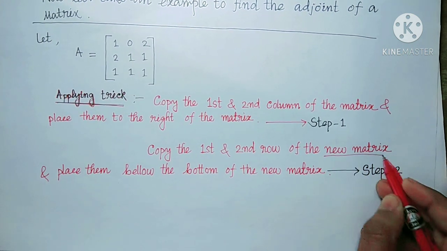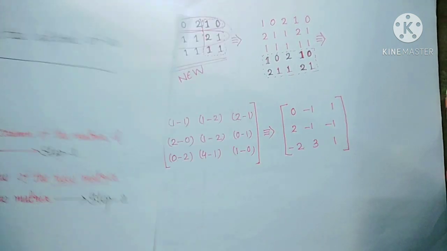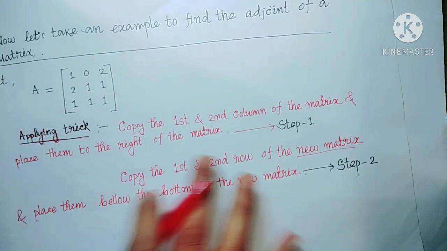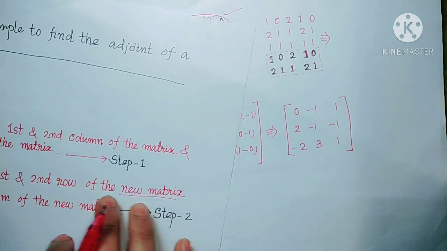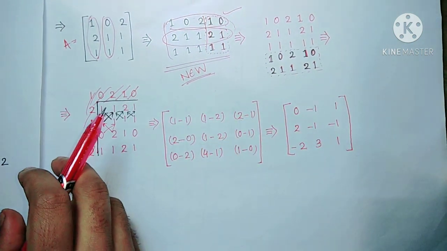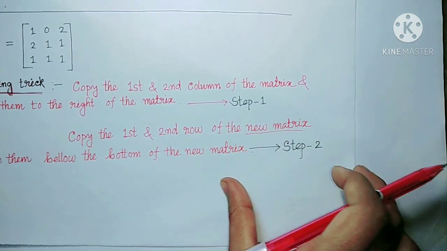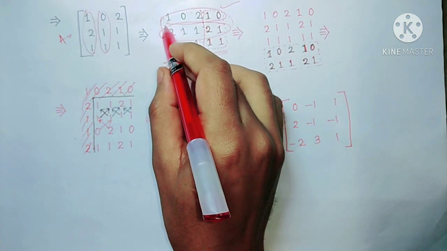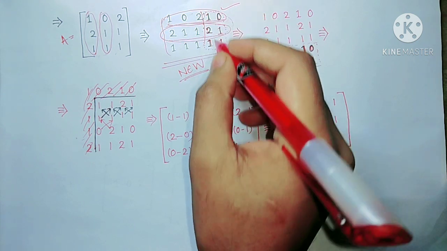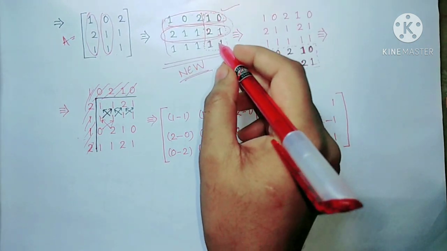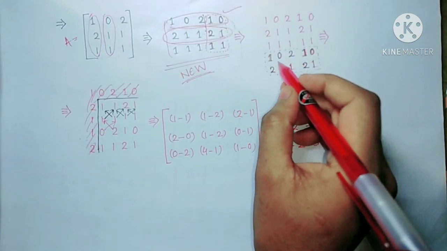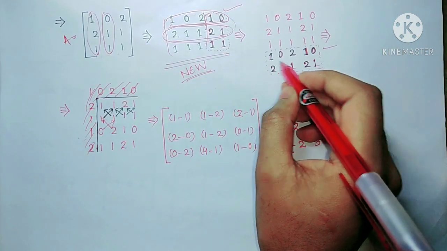Remember, this is the new matrix. This is the first row, this is the second row, and we paste them below the bottom of the new matrix. I have already pasted them here, you can see.